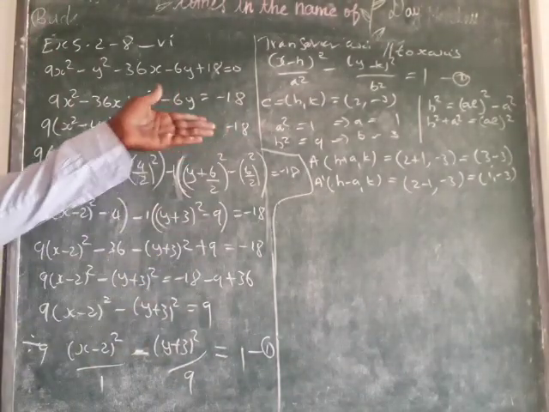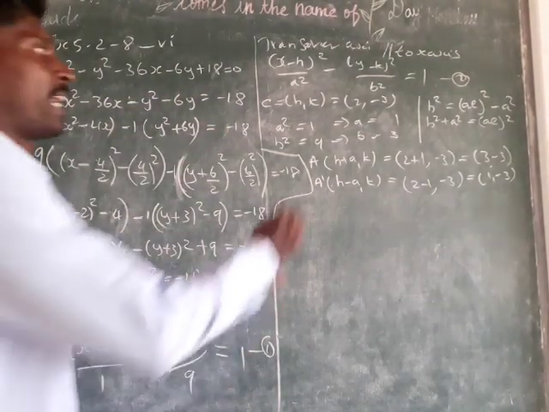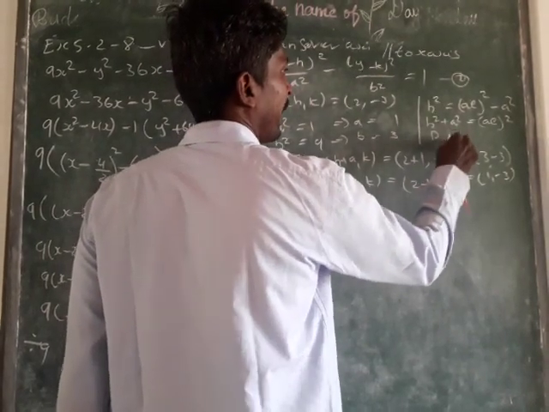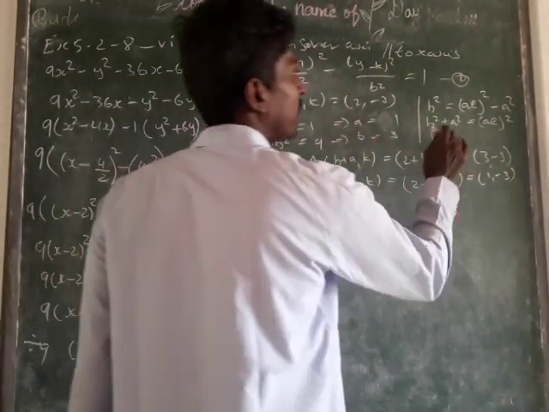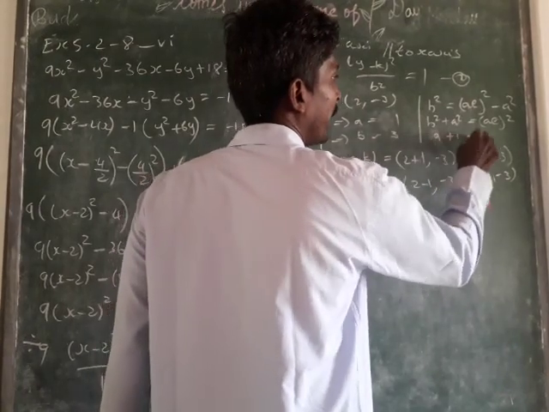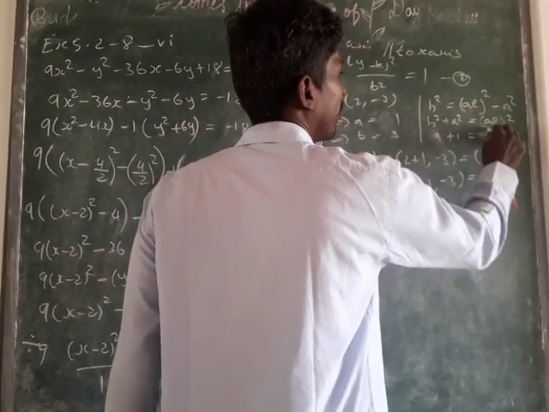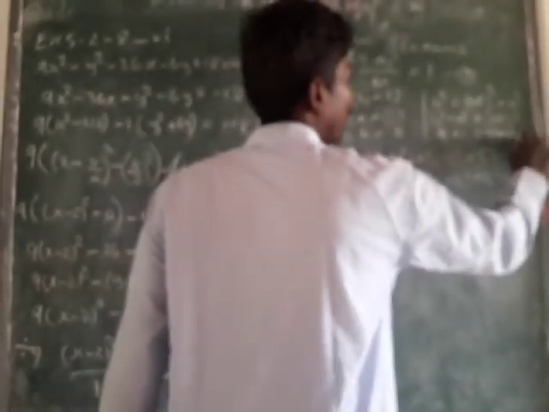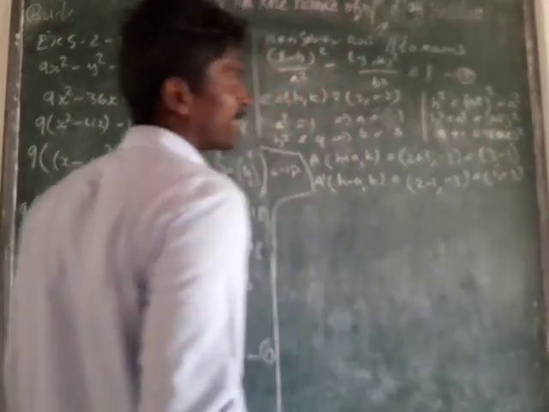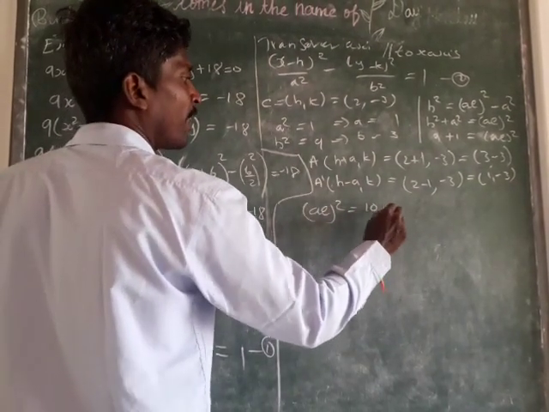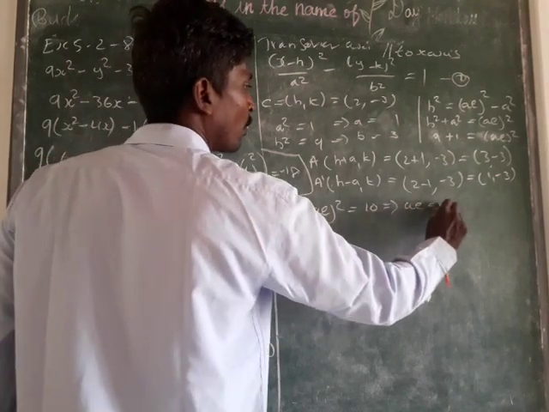Then take the square root. Here b square is 9 and a square is 1, so 9 plus 1 equals AE the whole square. AE the whole square equals 10, then AE equals root 10.